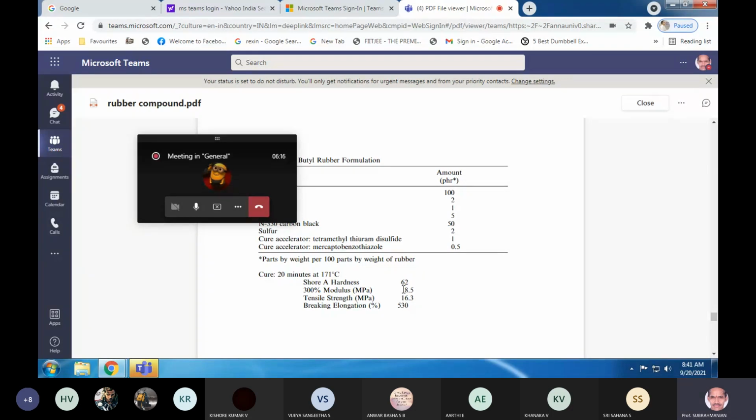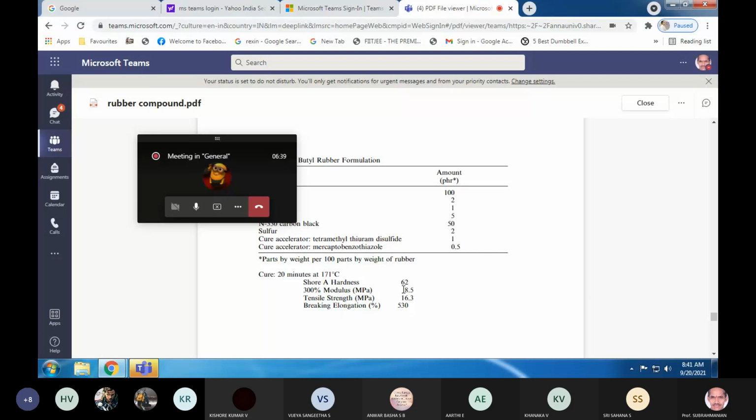So the processing is extrusion. So for extrusion, you use the right filler. And in a rubber compound, next only to the rubber, it is a filler that is consumed in a larger percentage. So that way, filler has a definite role.